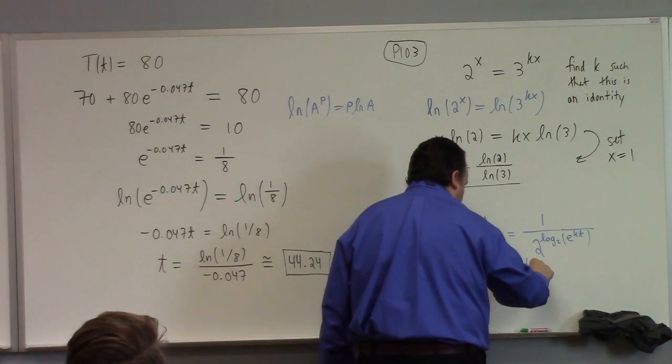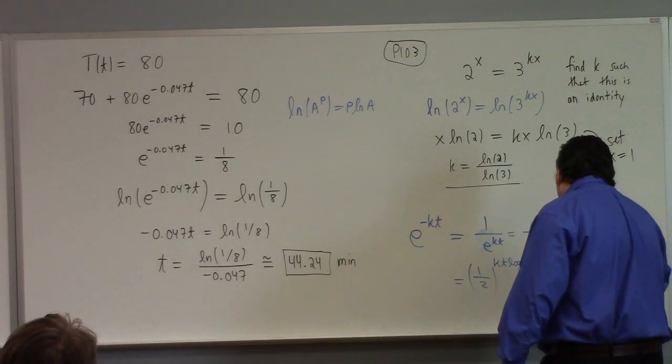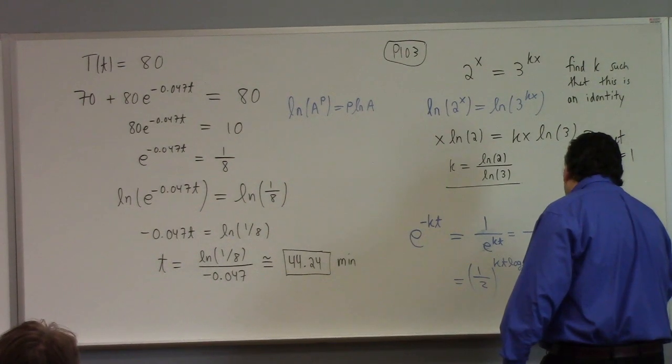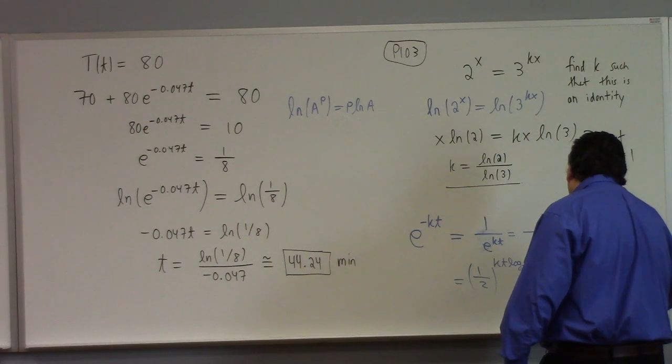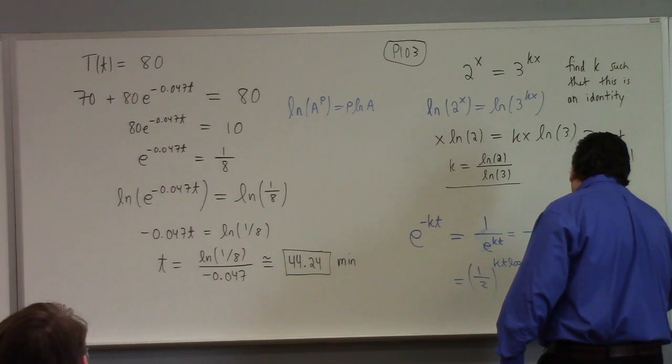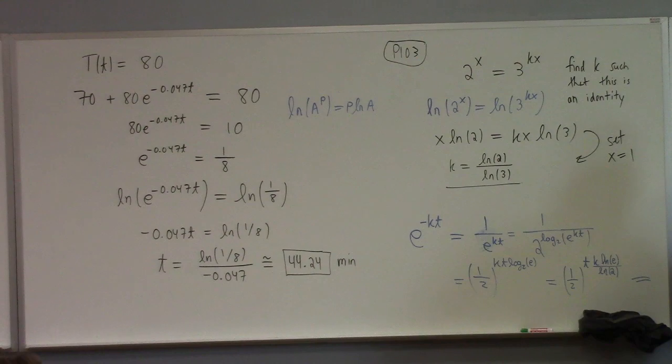log base 2 of e, which is, by the way, equal to 1/2 to the t times k natural log of e over the natural log of 2, which, by the way, is equal to 1/2 to the t divided by the natural log of 2 divided by k.